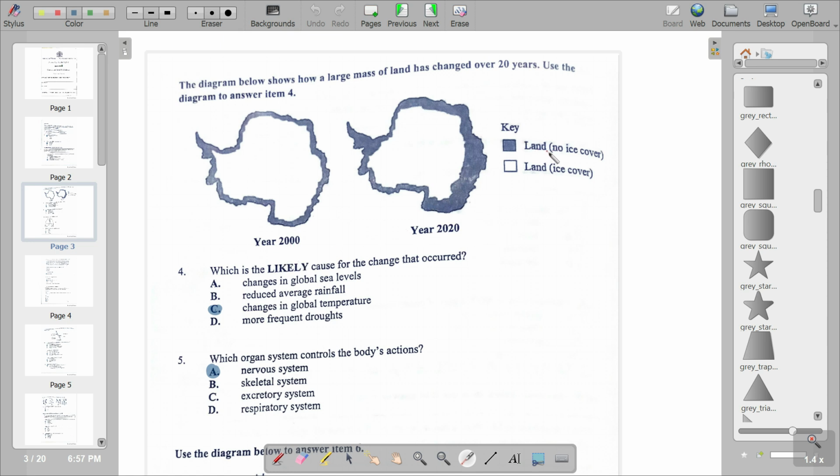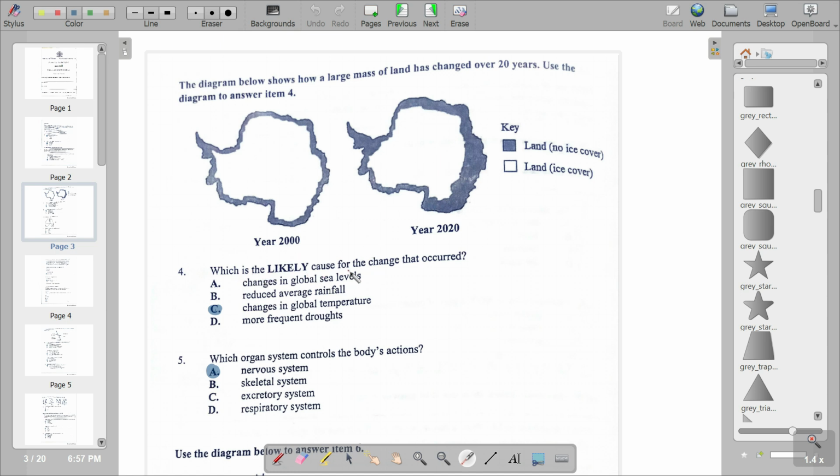The key shows land, no ice. That's this color here. And the land ice cover is here. So in 2000, this area here is thinner, and the outside area was a little thinner in 2000, and it's getting where less ice coverage is going on here and more land than ice.